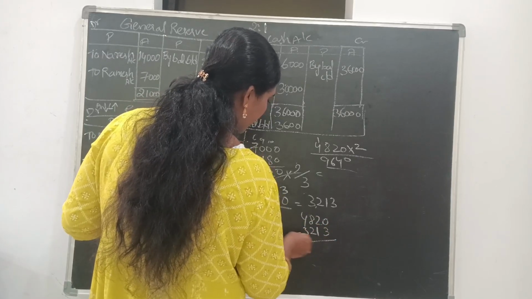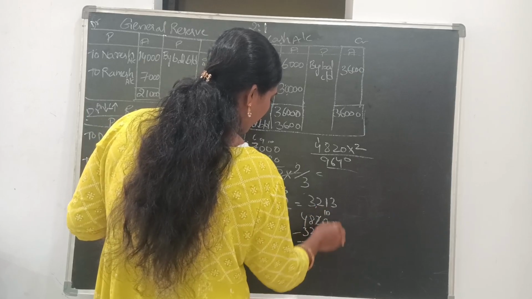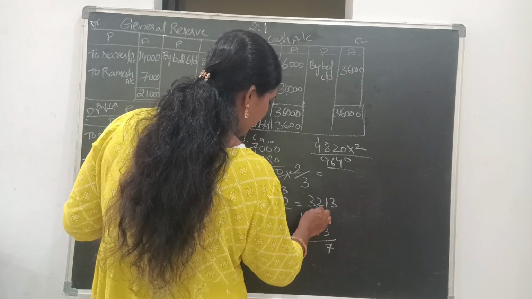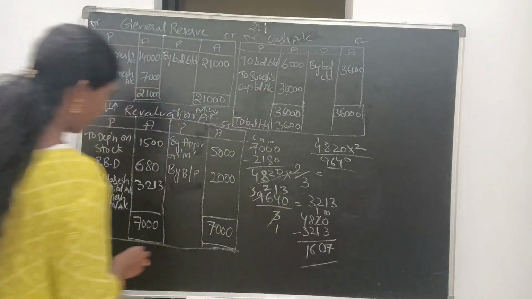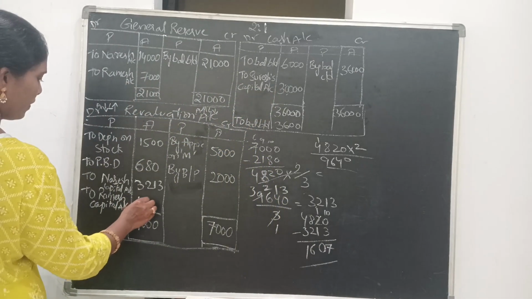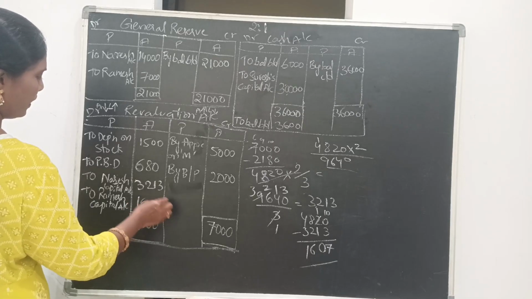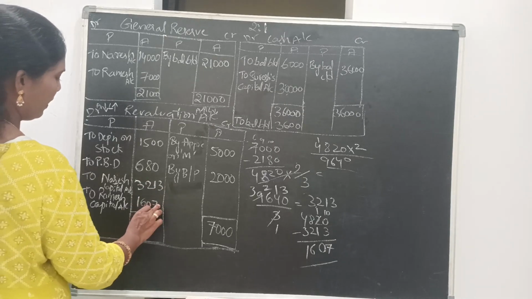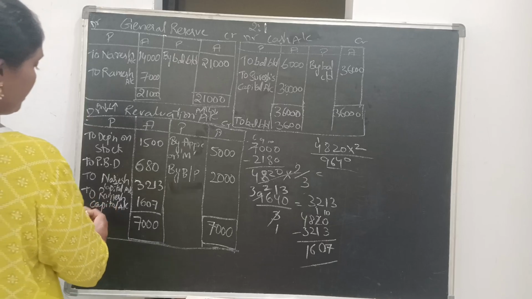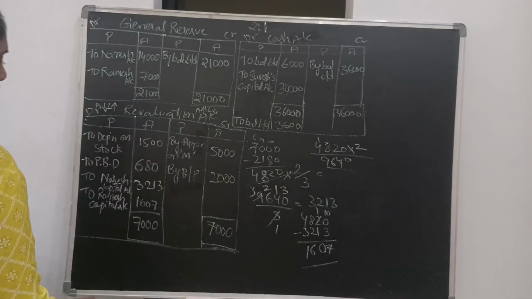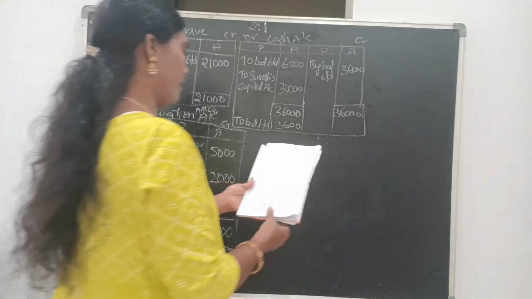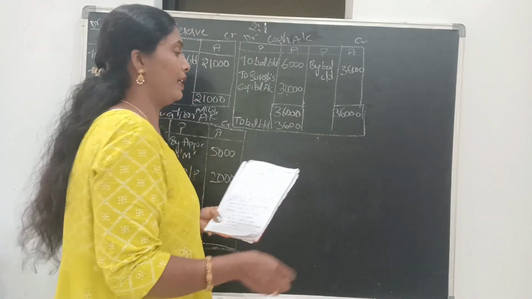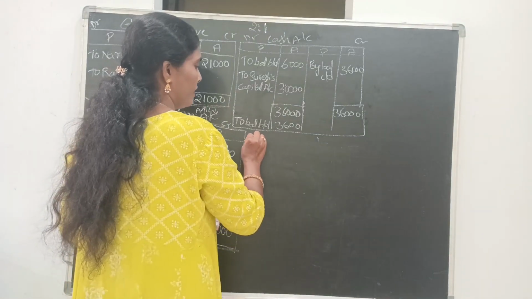So you will get the answer 1607, which is the second one. 1607 is Ramesh's share in the revaluation account. So this is the revaluation account.